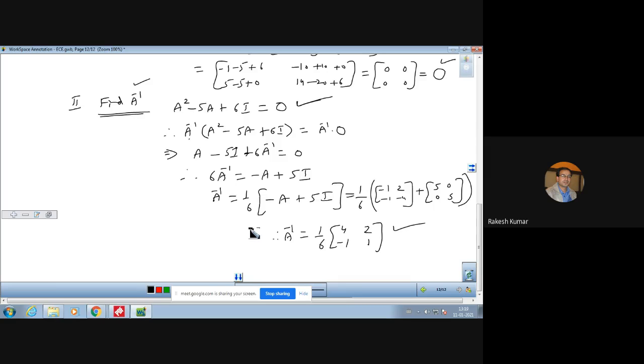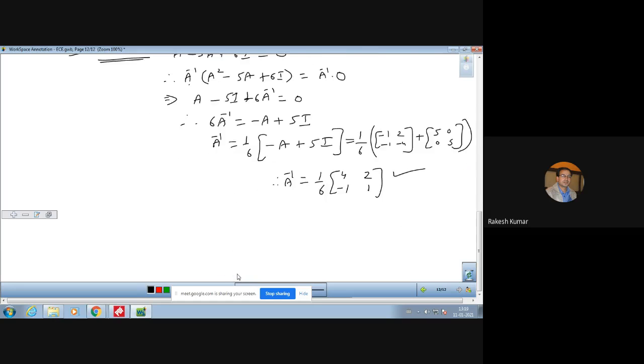So let us do one more question by taking a 3x3 matrix. That question will also be similar to this question. So given that matrix A is [1, 1, 3], [1, 3, -3], [2, -4, -4].